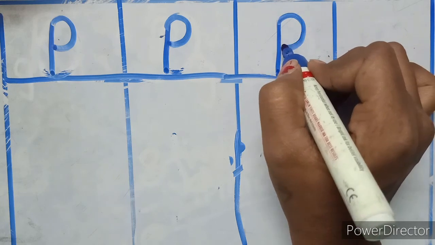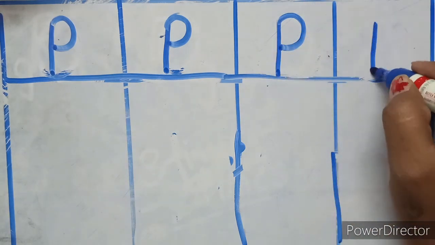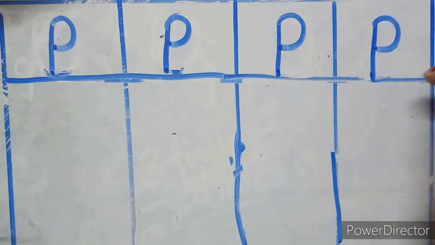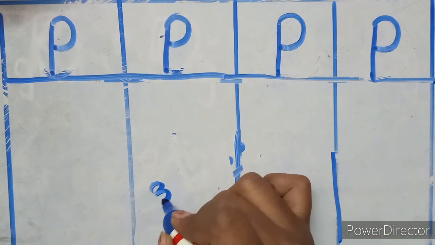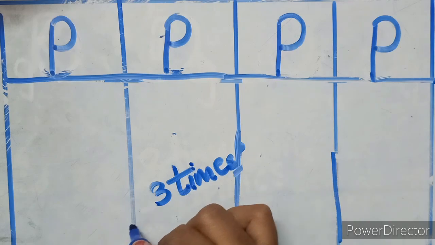You have to say and write. P for parrot, P for pen. So each time when you write, you have to say and write. Even this letter you have to write 3 times in your notebook. How many times will you write? 3 times. Okay.